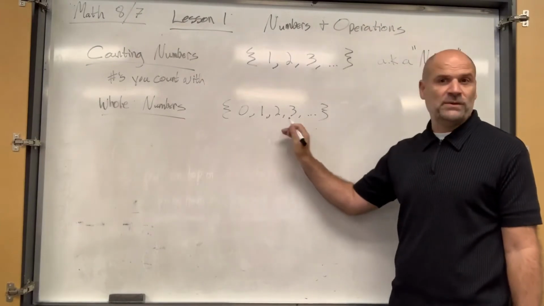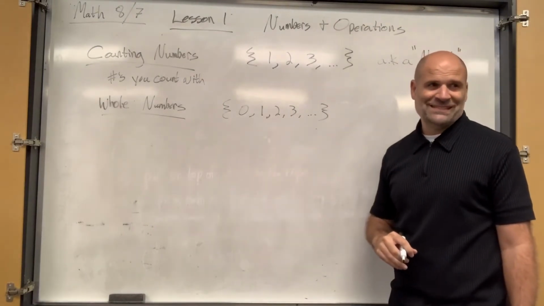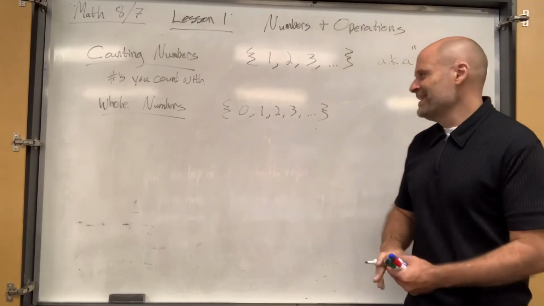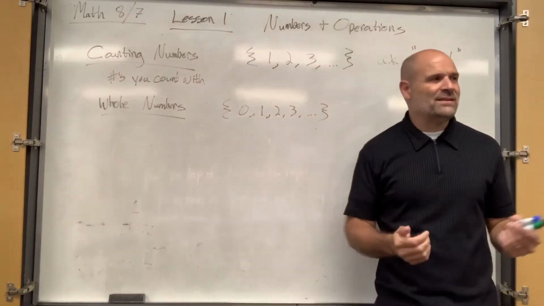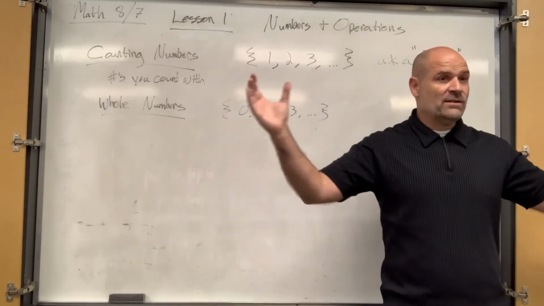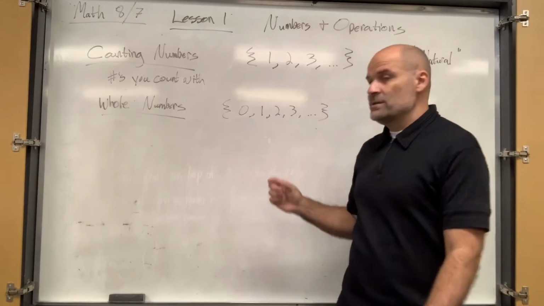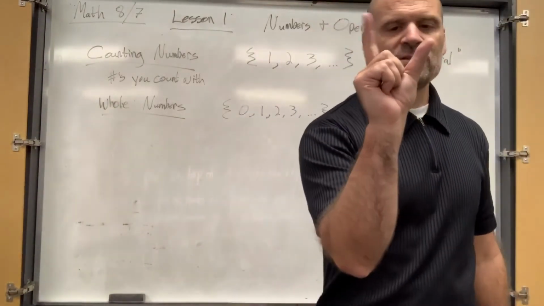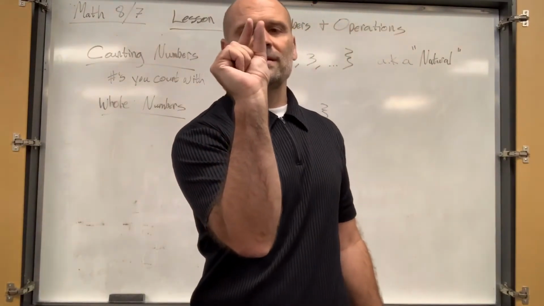So how many numbers are in between 1 and 2? If you don't know, what do you say? Infinity, that's right. Isn't that crazy? Because infinity can be infinitely big, and it can also be infinitely small. So, all right, this is a little fun experiment. Try to put your fingers as close together as you can.